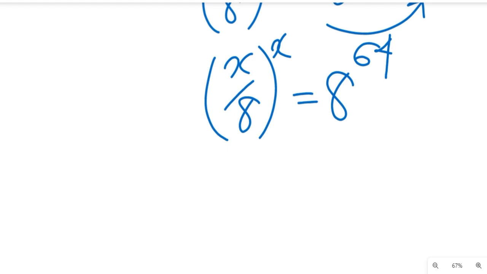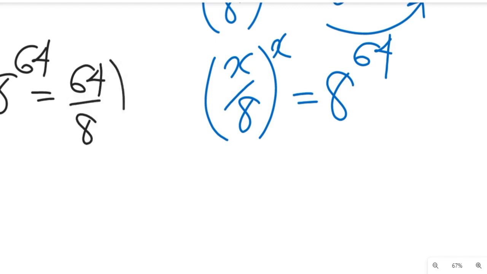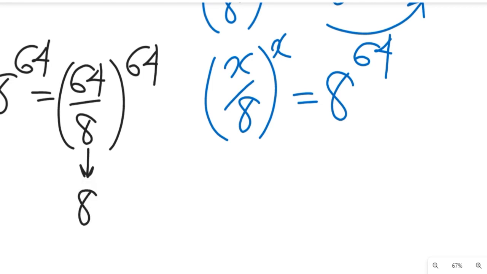Now come to think about this. 8 to the power of 64 can still be equal to, if I say, 64 divided by 8, all to the power of 64. Now recall that 8 divided by 8 can give us 8, and then we'll have our power of 64.